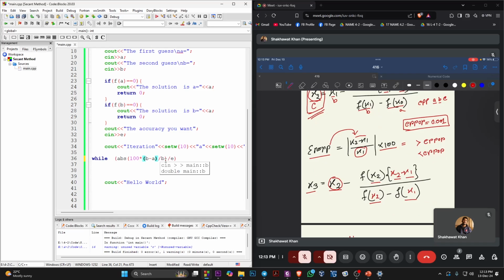B minus A and divided by B. That should be. If this is greater than our error value.